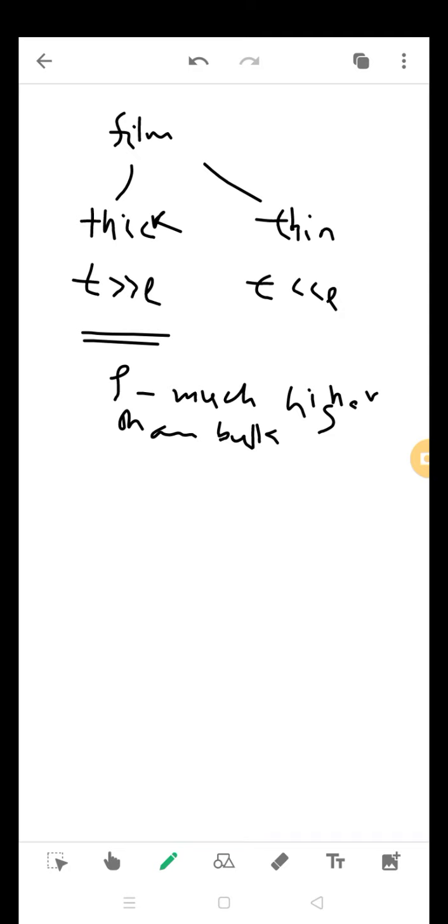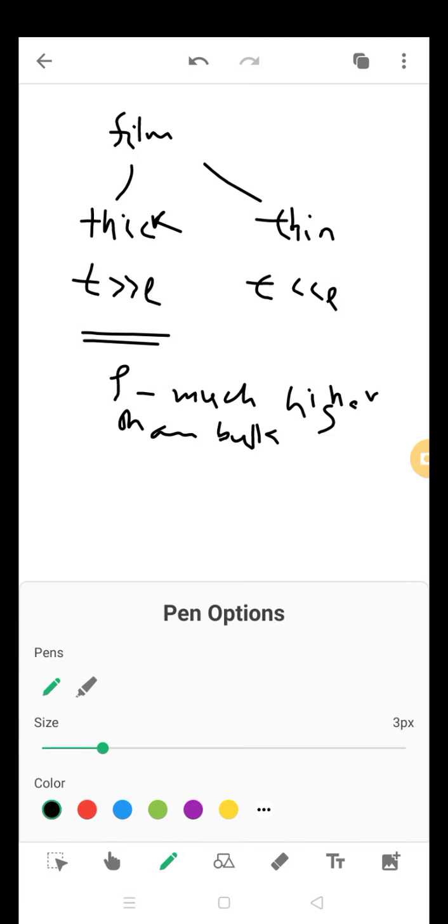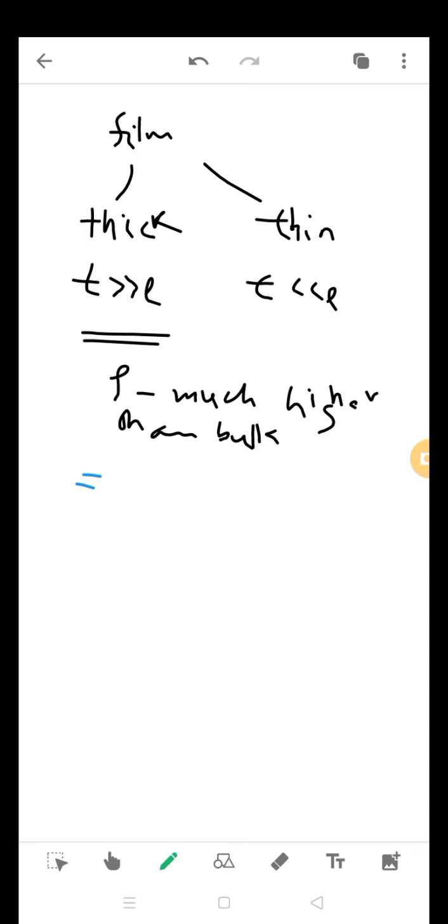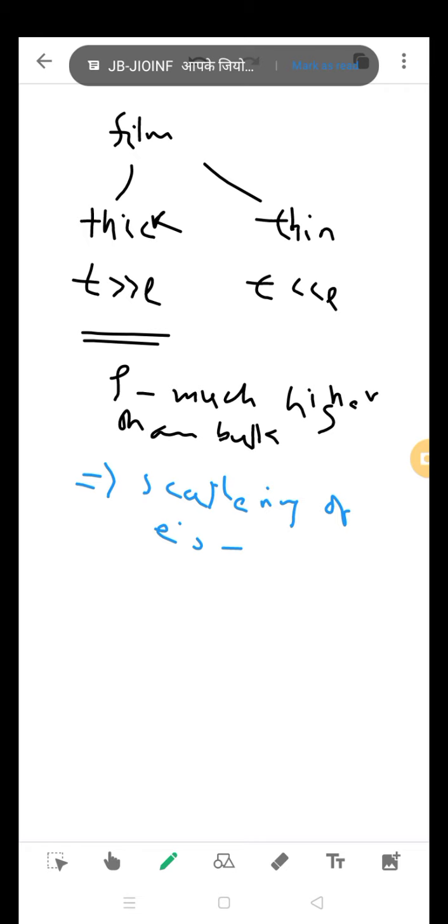Now the reason for this excessive resistivity is the scattering of electrons at the surface and external cavities.